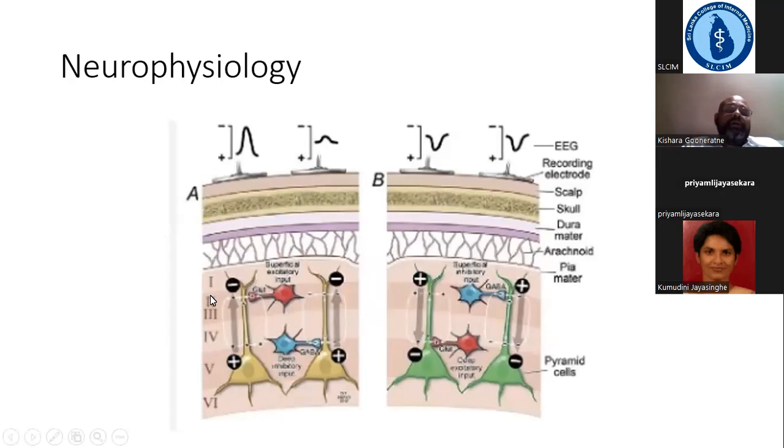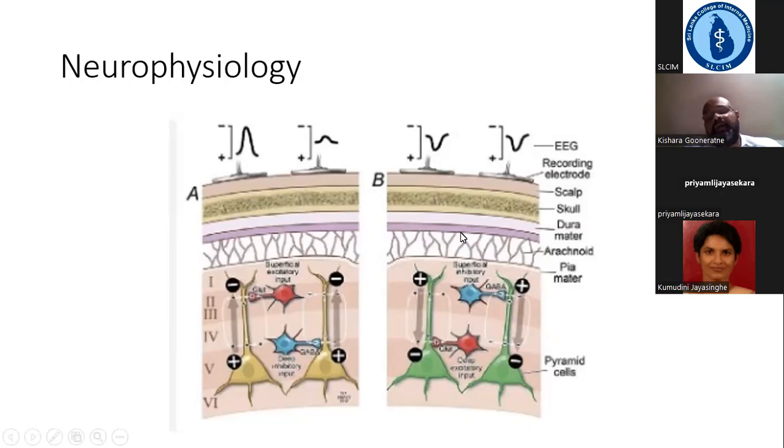Here on your left, the electrode on the surface picks up the difference between the negative charge and the positive charge, where the superficial excitatory inputs are seen on the surface closer to the electrode. And when there is summative excitatory input, it is seen as an upward deflection, which is actually a negative deflection seen on the EEG.